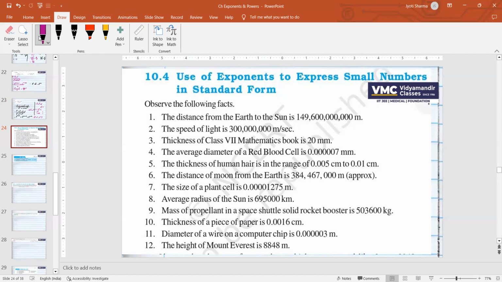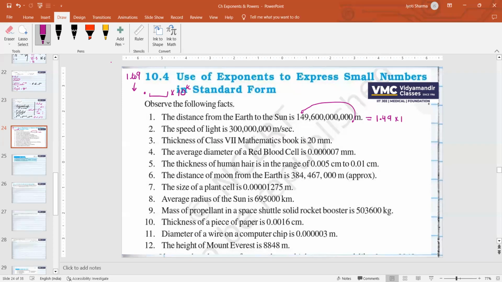So in this, we keep one digit, not zero, sorry, 1 to 9 before the decimal, and the rest are after the decimal, keeping 10 to the power some number here. This way. So 1 will be left here. If no decimal is there, it is here. I will bring it here.